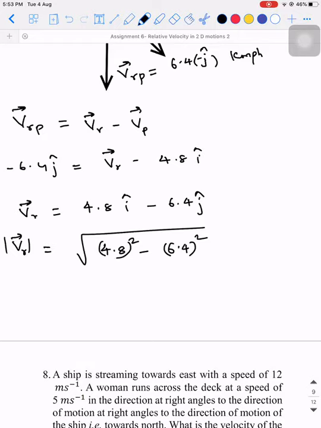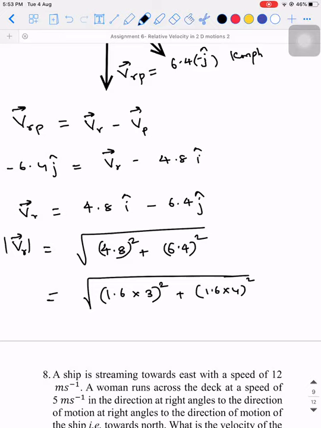See, you need not multiply and solve. I'll tell you a method. See, 4.8 and 6.4 are multiples of what? 1.6. Observe. Can I write it as 1.6 into 3, square, plus 1.6 into 4, square?